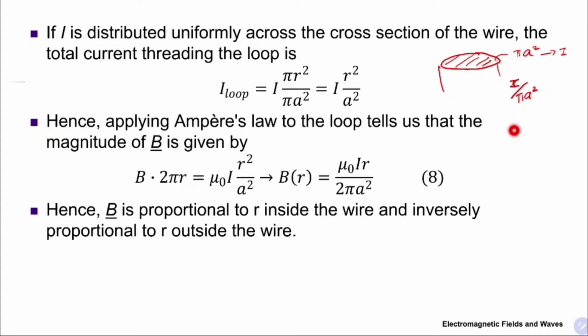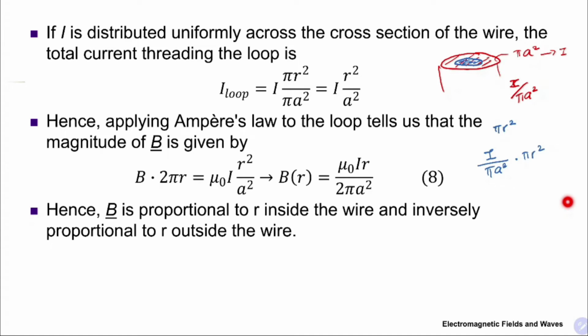So if you want to find the current over the area that has a radius r, that area will be pi r squared. The current over this profile will be I, the current density, times that area, pi r squared.